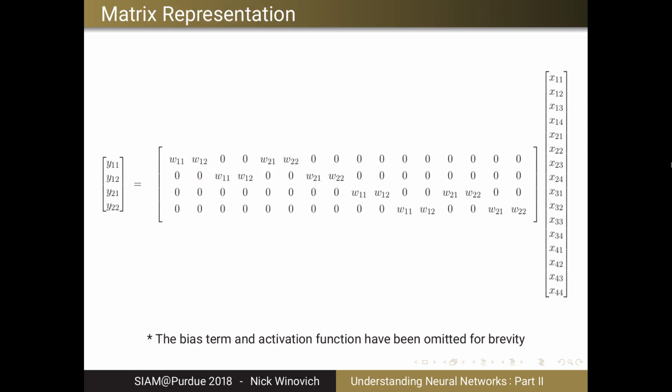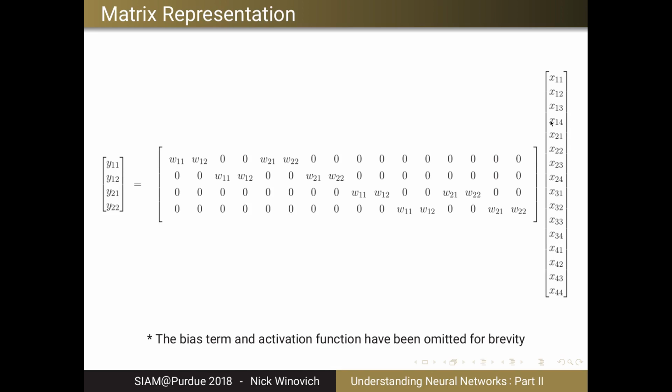Now, if we want to implement this, again, we want to cast everything in terms of linear operations so that we can do this efficiently numerically. The actual weight matrix associated with these filter weights is very simple. It's very sparse, highly structured, and has very few weights.